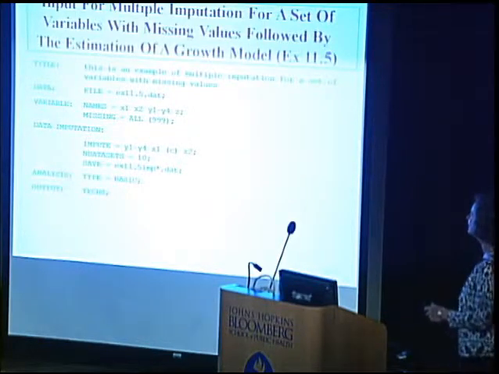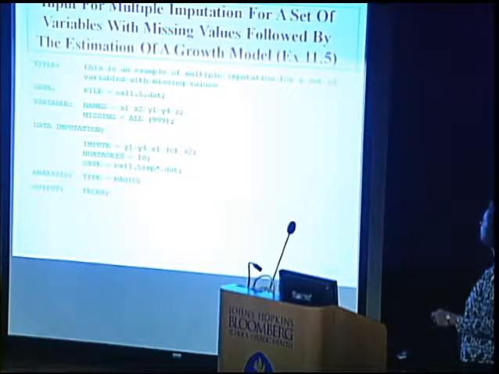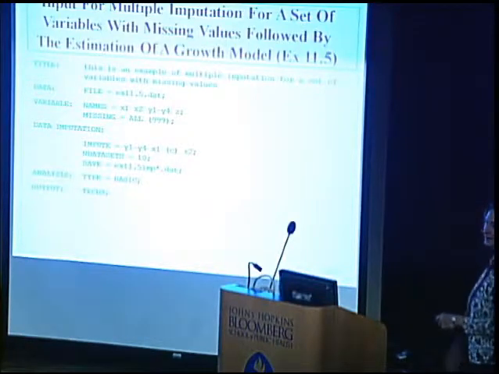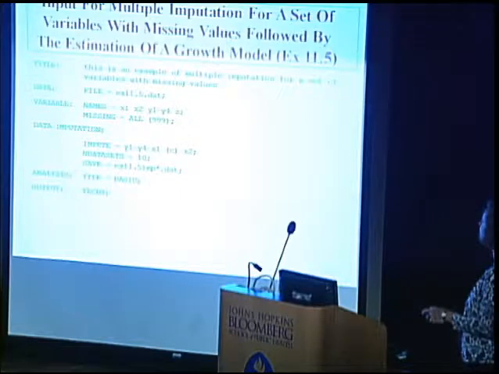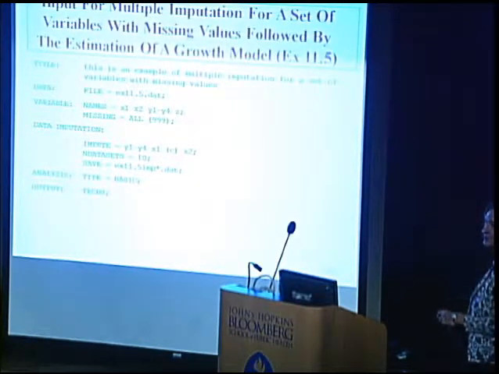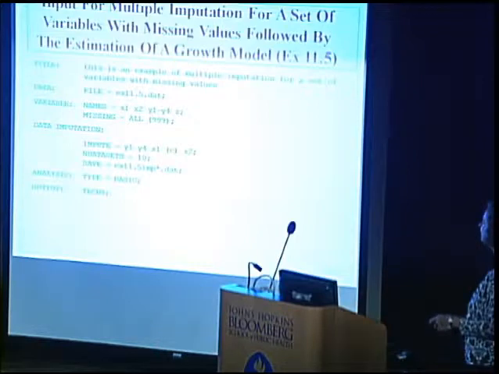Here's an example where we're going to impute missing data using the H1 model. When you do it that way, you need to save the data, and then in a subsequent analysis, you could use the imputed data to estimate the H0 model that you're interested in. So what's new here is data imputation.